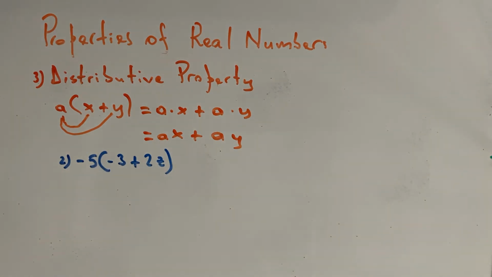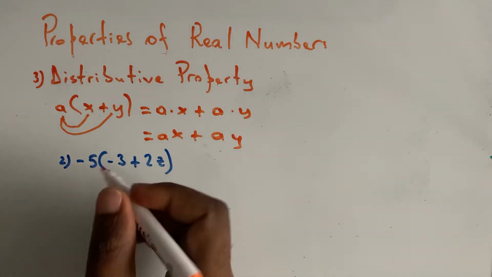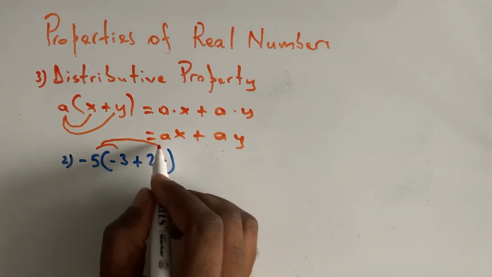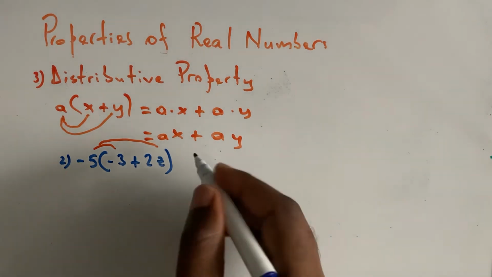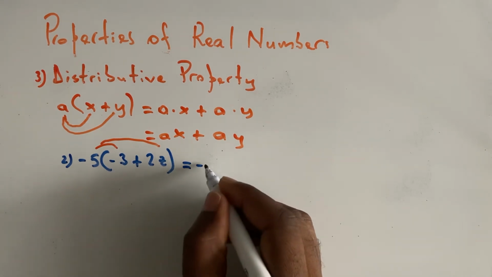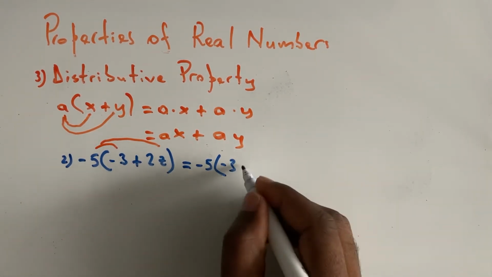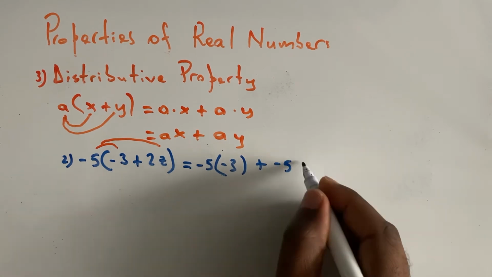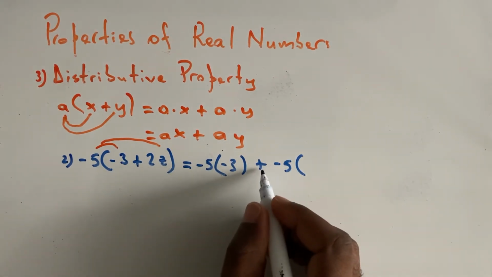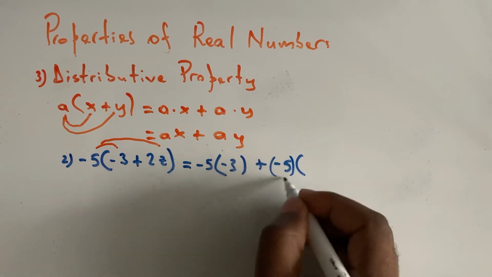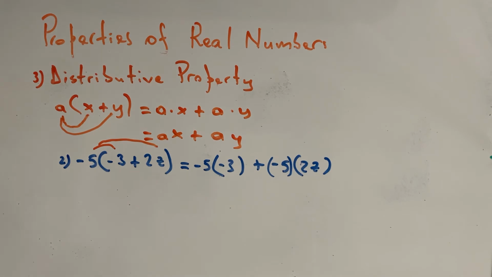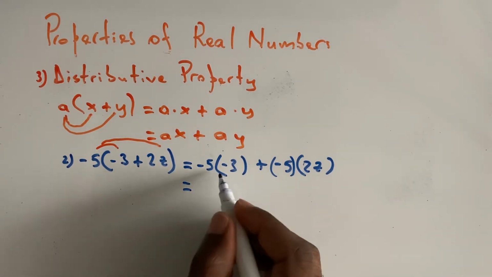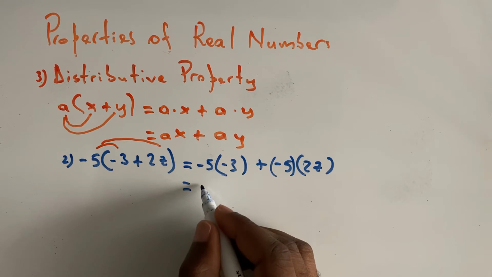Once you have this, you know it's the distributive property here of multiplication over addition or over subtraction. In this case, you distribute the -5. So it will be -5 times the -3 plus -5 times 2z, okay? Now, -5 times -3 is what? Positive 15.